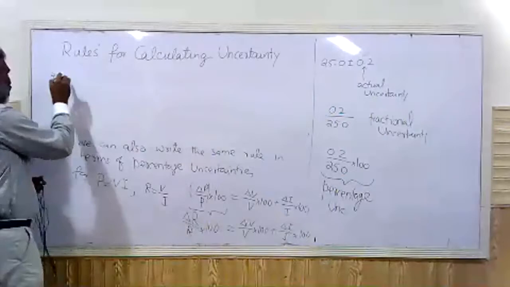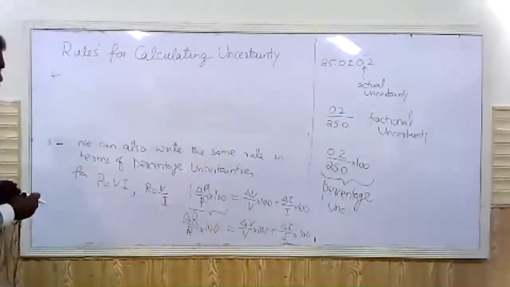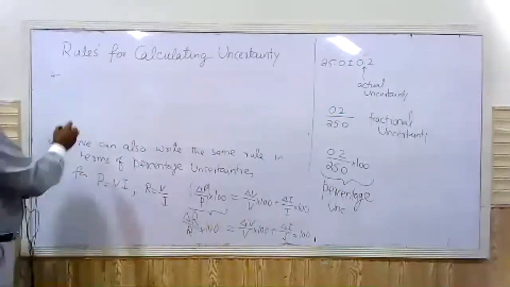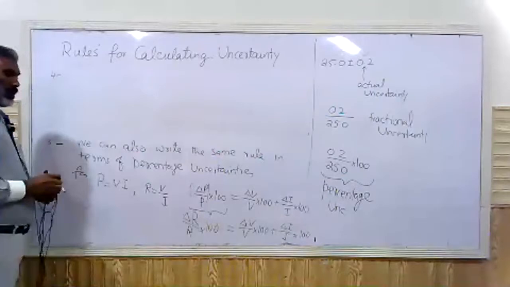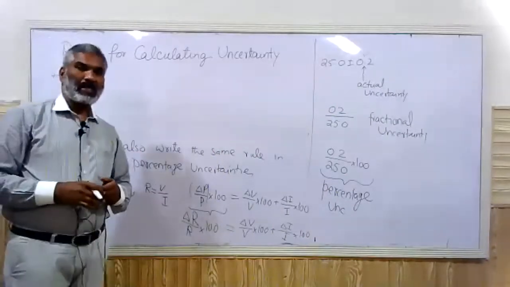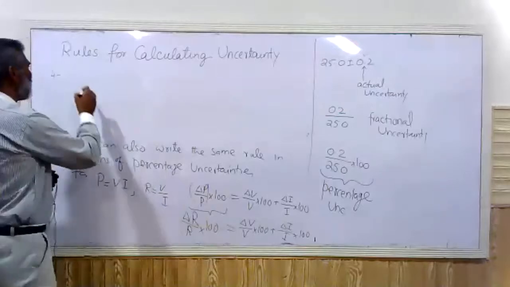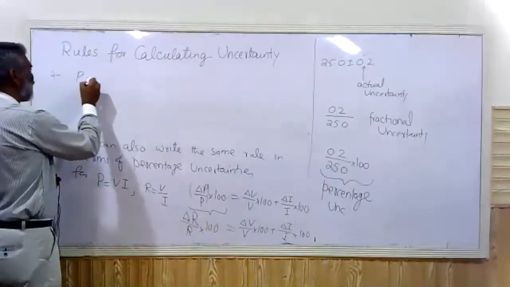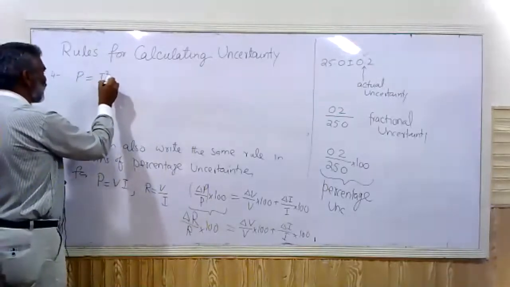The rule number 4, which is the last rule, is sometimes a quantity appears as a product or quotient of two other quantities, but there is an index involved in it. For example, power is sometimes expressed as I square R.